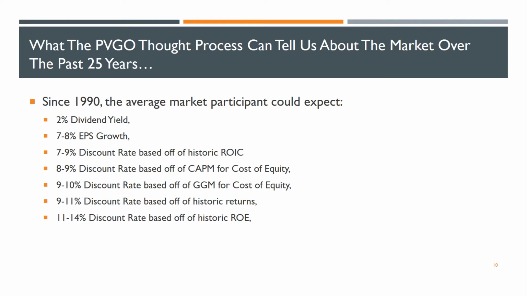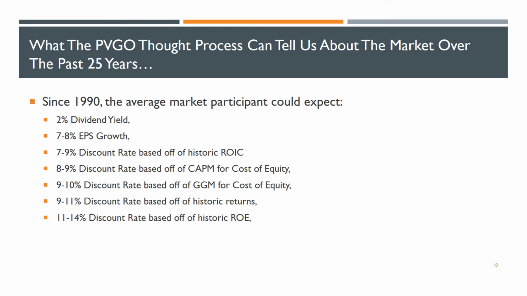Since 1990, the average market participant could expect a 2% dividend yield, around 8% earnings per share growth, various ways to calculate a discount rate, using maybe historic returns on capital, around 8%, same number probably for discount rate based off of CAPM for equity, maybe around 10%, using the Gordon growth model for cost of equity, maybe around the same percent just based off historical returns alone, maybe a little bit higher if you use historical return on equity.